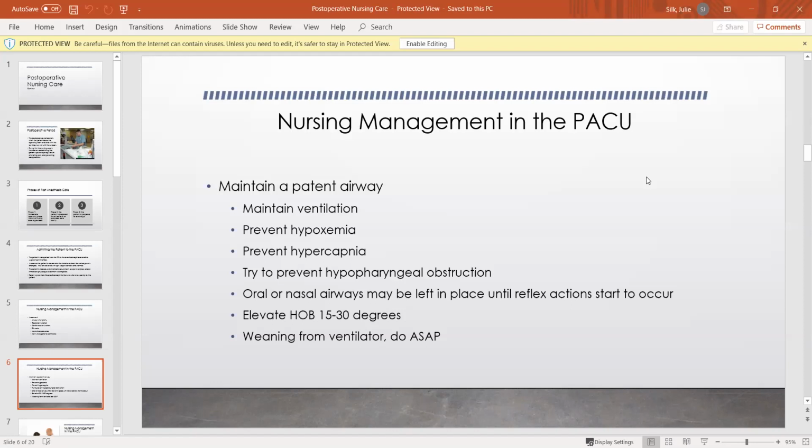They're going to have cool, moist skin. They could have cyanosis of their lips and their gums. They could have a rapid, weak, thready pulse and narrowing pulse pressure. What that means is the top number and bottom number of your blood pressure are getting closer. And concentrated urine would be another thing you might see.